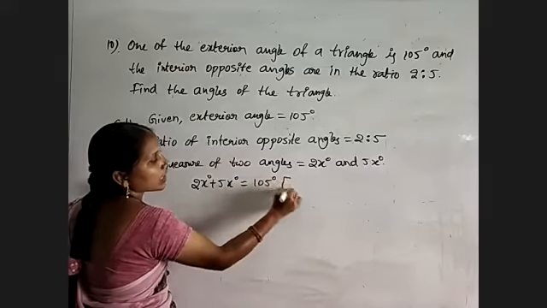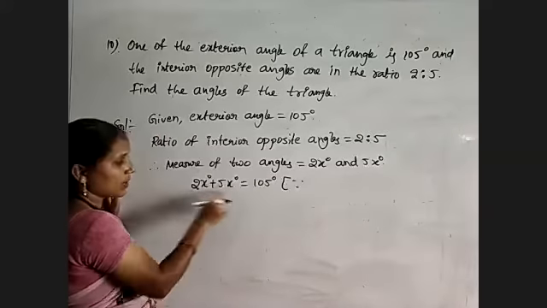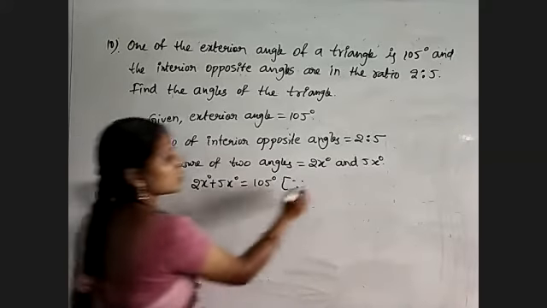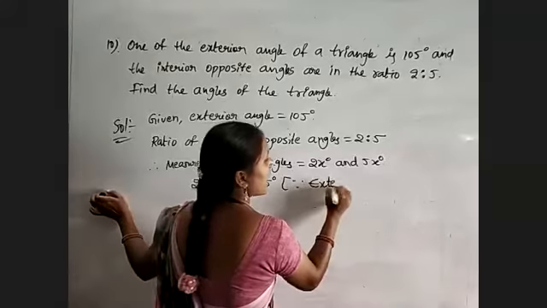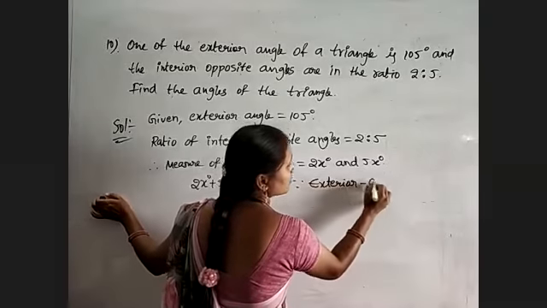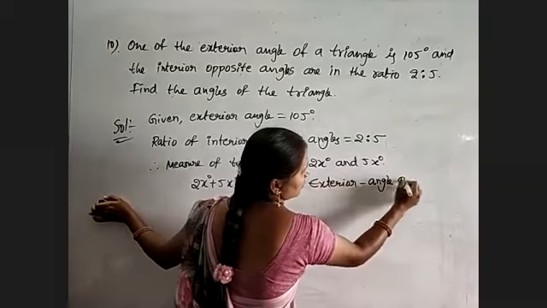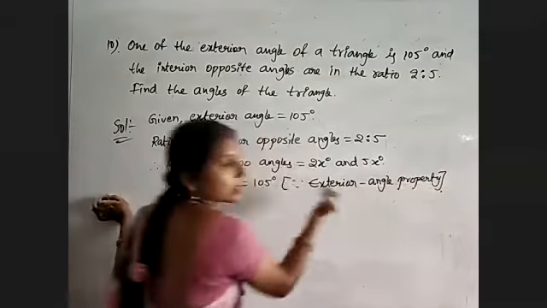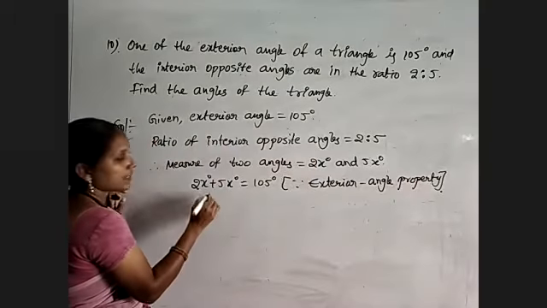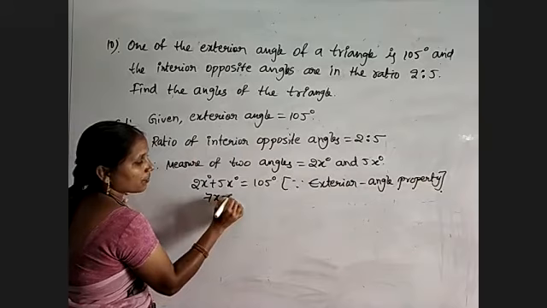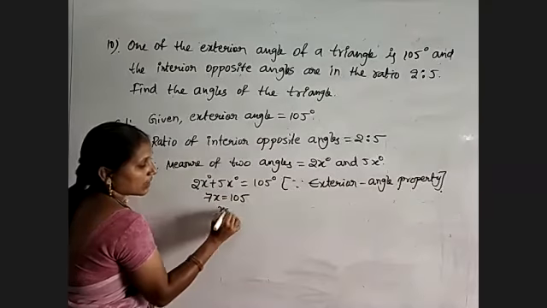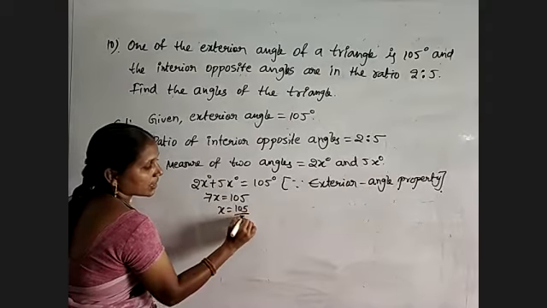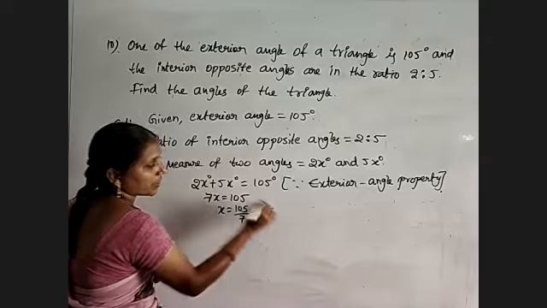Why? Because the exterior angle is equal to the sum of the two opposite interior angles. So 2 plus 5, 7x is equal to 105. Then x will be equal to 105 by 7, which is nothing but 15.